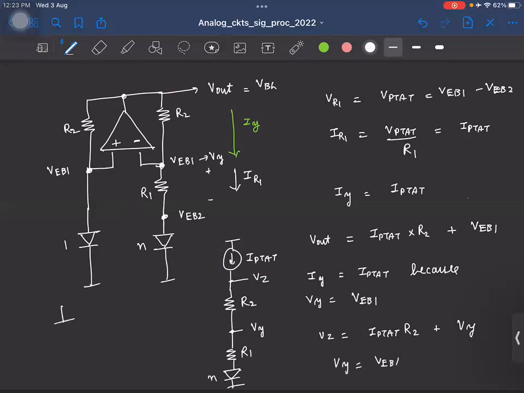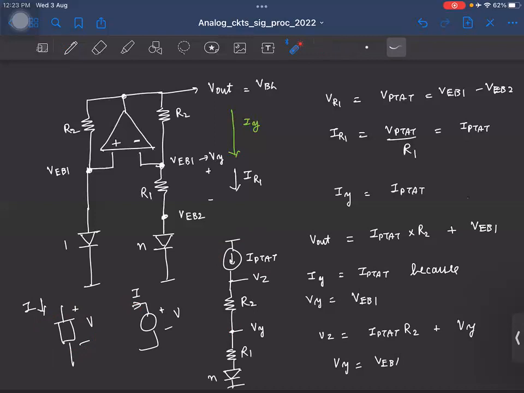If you have an element which has a voltage V and current I in a circuit, I can always replace it by a voltage source with the value V, and KCL and KVL will make sure that the current here is I. Okay, because KCL and KVL have to be valid in all circuits. If you have not disturbed the rest of the circuit and you replace this element by a voltage source V, then KCL has to be satisfied and it will enforce the current to be I. Something similar is what we are doing here.